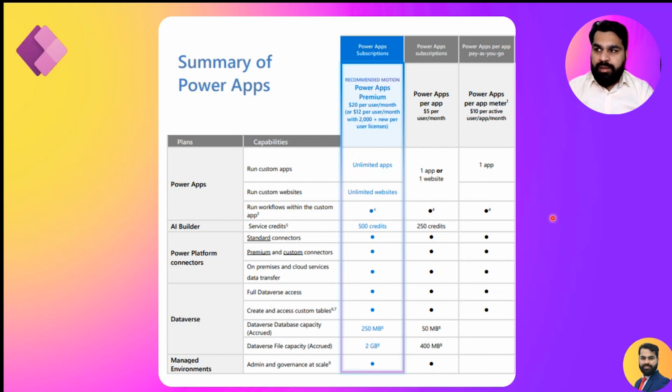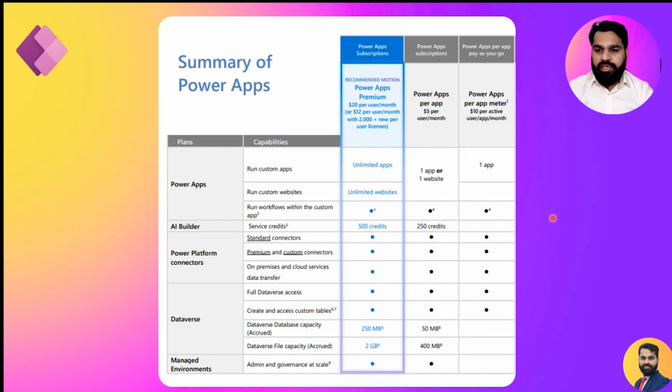So any Power App or Power Automate which uses standard connectors is a standard application or automation. In this case, when we use SharePoint, the Power Apps becomes a standard Power Apps. If we use the SharePoint connector in Power Automate, that is a standard Power Automate. Beside this, if we use any of the premium connectors in any Power Apps or Power Automate, automatically that Power Automate or Power Apps becomes a premium Power Automate or premium Power Apps.